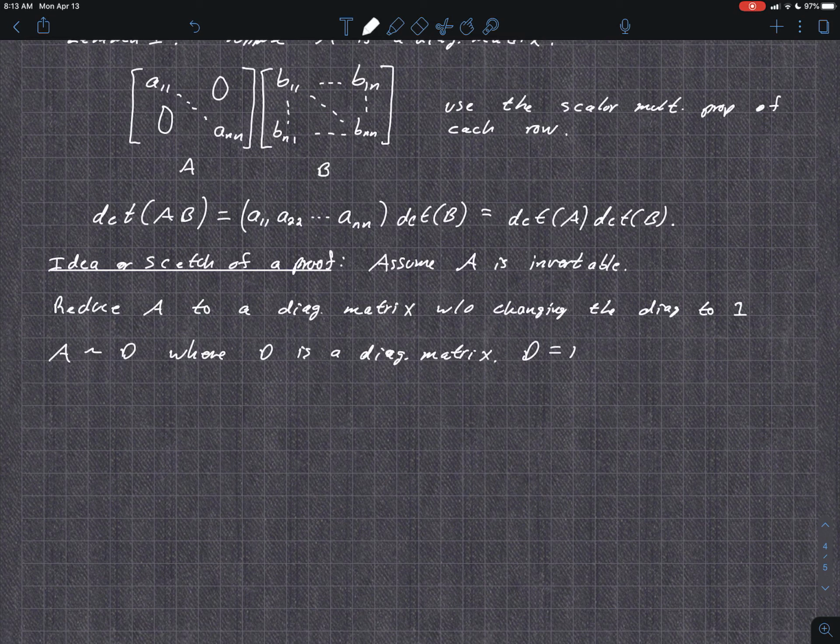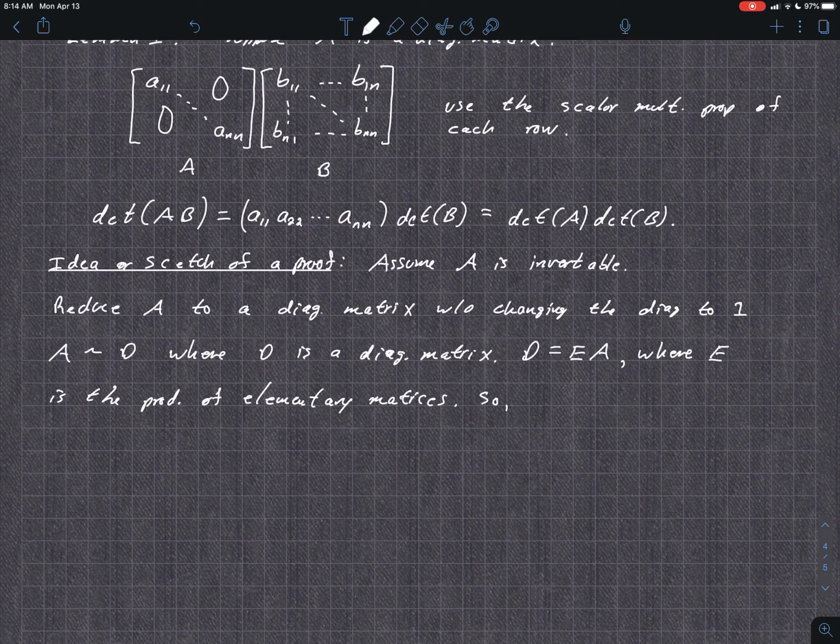So D is going to equal E times A, where E is the product of elementary matrices corresponding to the row operations used to reduce A to D. I won't write that part down, save some time. So it's E1, E2, E3, E4, and it's that product.